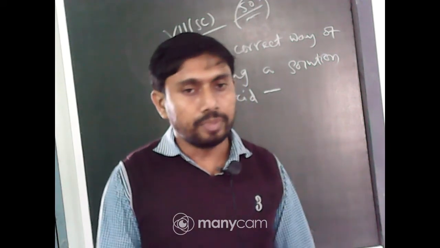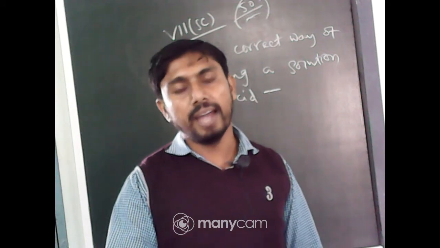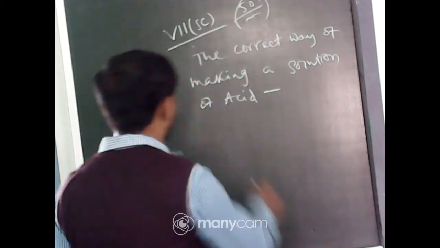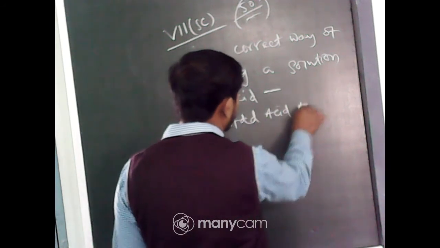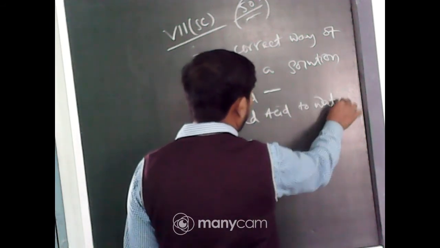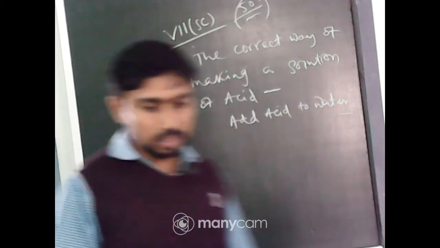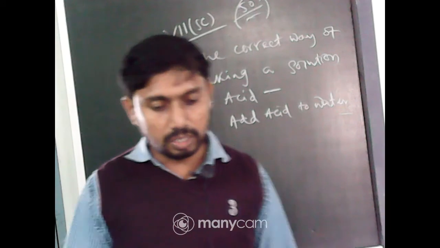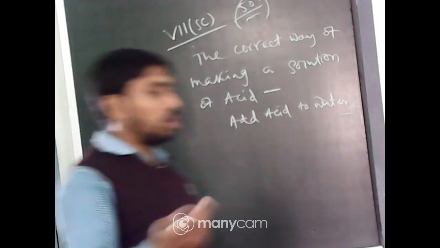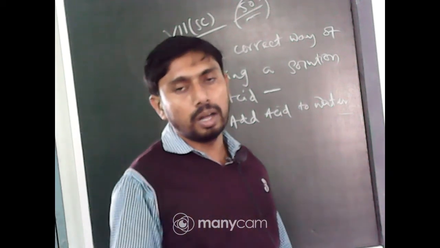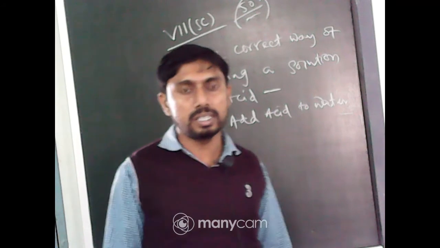So, the correct option will be add acid to water. Yes, Aniruddha, you had given the correct answer, add acid to water, because then the concentration gradually becomes more. So, here the chances of bursting out are less.